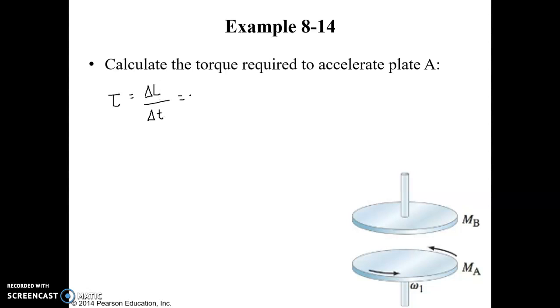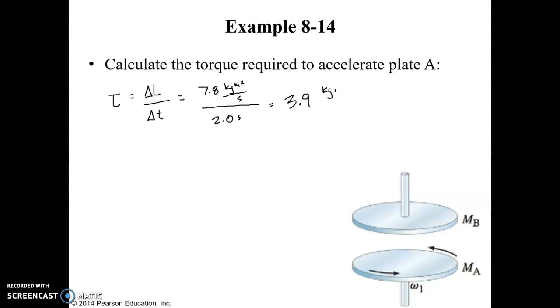And so our change in momentum, since the initial momentum was 0, it started from rest, and we calculated in the previous slide that when it reaches its top speed, it has a momentum of 7.8 kilogram meters squared per second, and we're going to divide that by 2.0 seconds. That gives us 3.9.